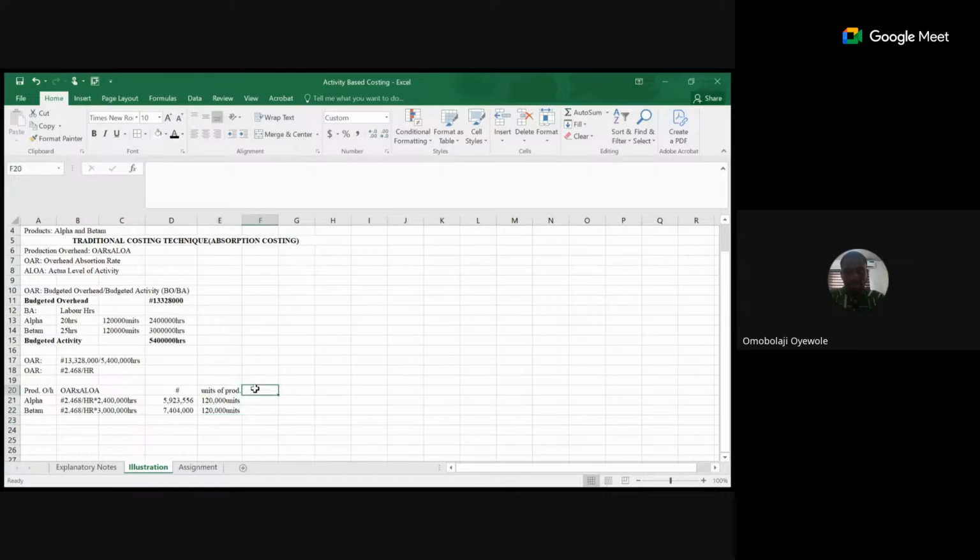Then cost per unit will now be this cost divided by 120,000. So let's press it on our calculator. What would that give us?